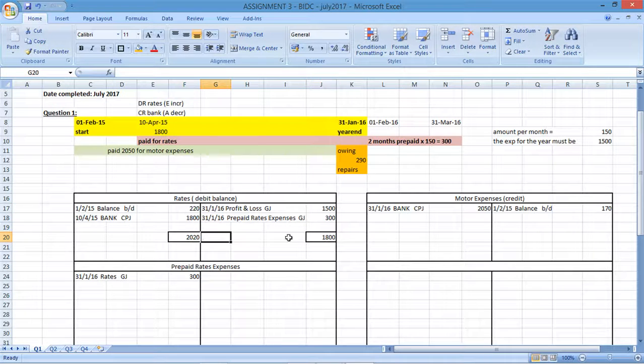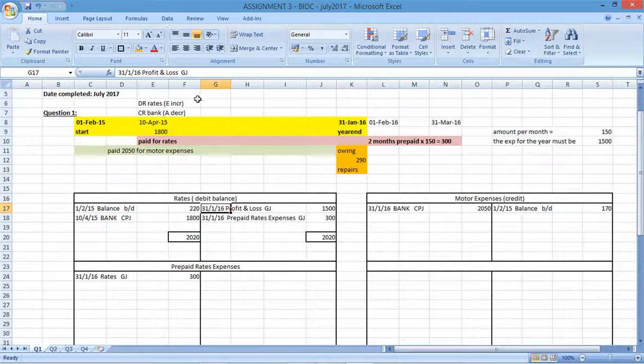You can see that the one side's bigger than the other. So the profit and loss is actually going to be a bit bigger because we're now balancing this account off, because the expense is going to be the 1,500 plus the 220 here, which gives us a slightly bigger amount. So the bigger amount is 2020, which I keep on that side.